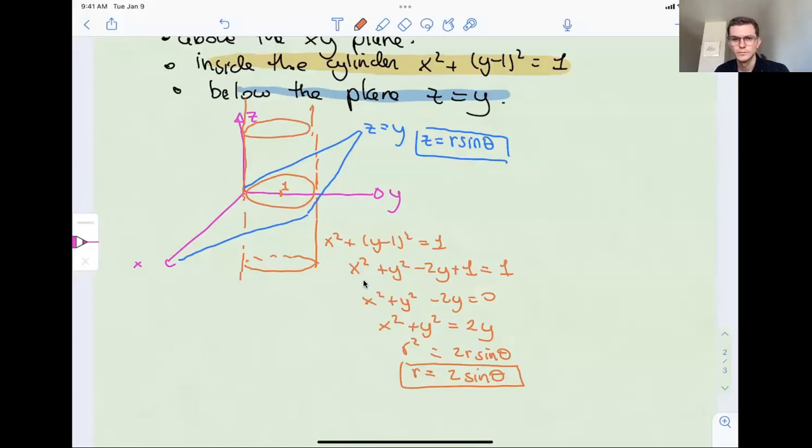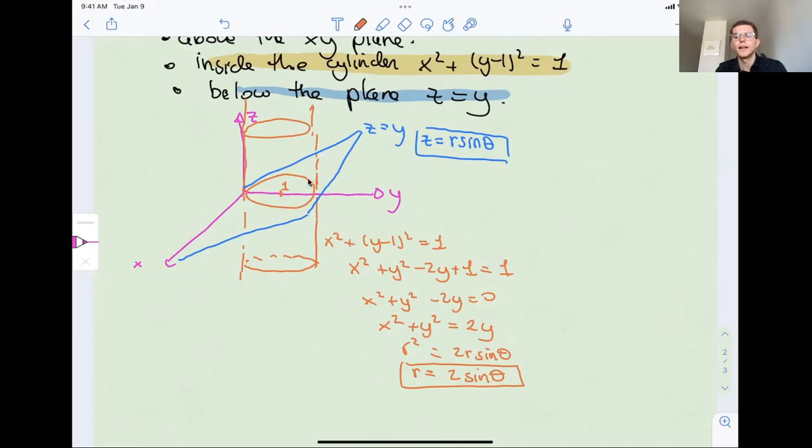Could you also divide both sides in the r squared step by 2 to get an expression for z? Well, you would get r squared over 2, and then it equals r sine theta, and that's equal to z. I see what you're saying, but that's equal to z only when they are intersecting one another.